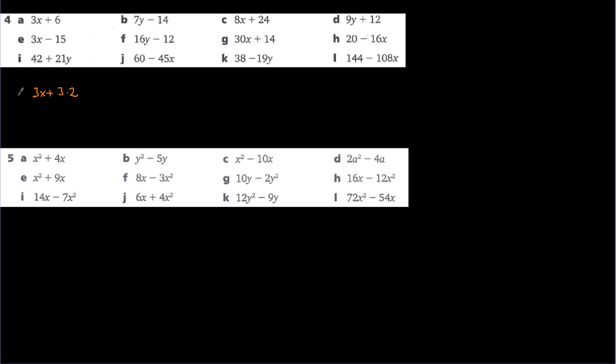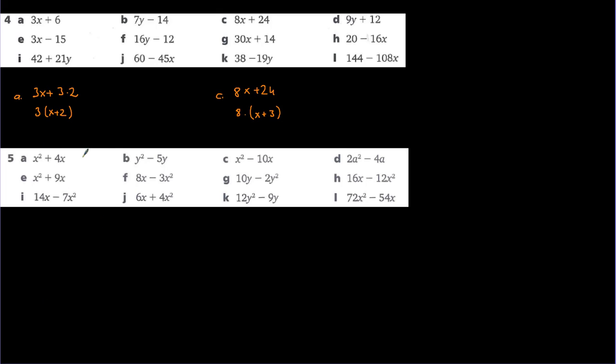When I get the common term in parentheses for the a I am solving, 3 times x plus 2 is the factorization result. And 8x plus 24, the c1 I'm solving, 8 is the common term: 8 times x, and 8 times 3, so it's equal to 8 times x plus 3 is the answer of the question.